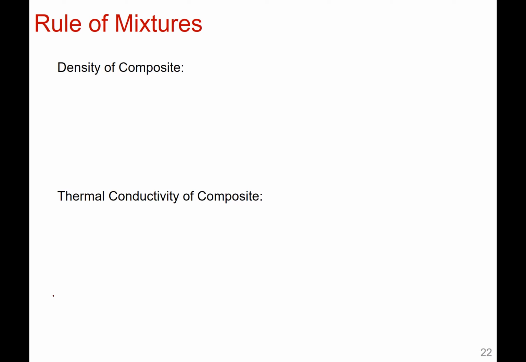We can come up with an average density of the composite by doing the linear combination of the fiber and the matrix. As you recall, the density is just the weight of the material, that's grams, divided by some volume, let's say milliliters.